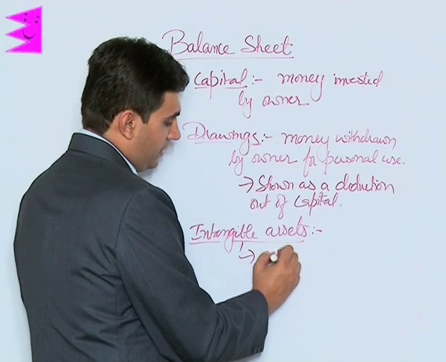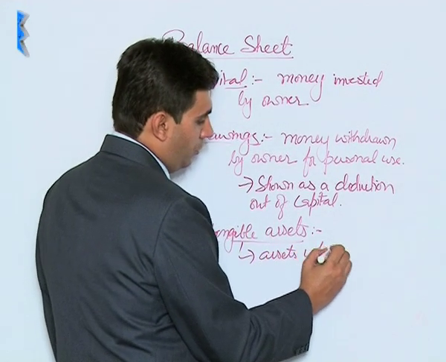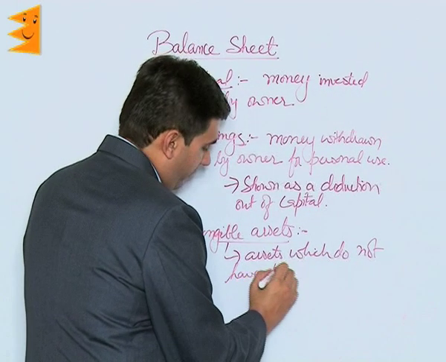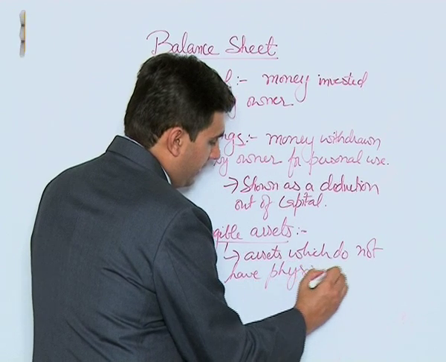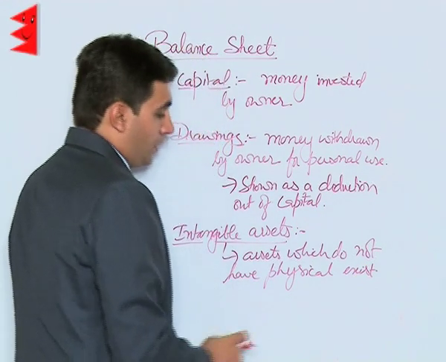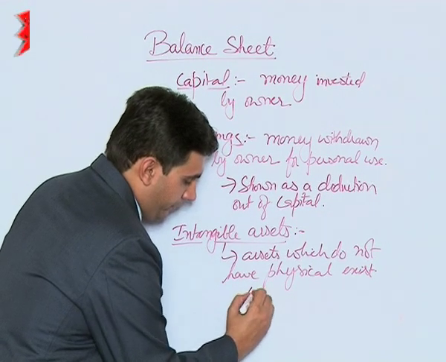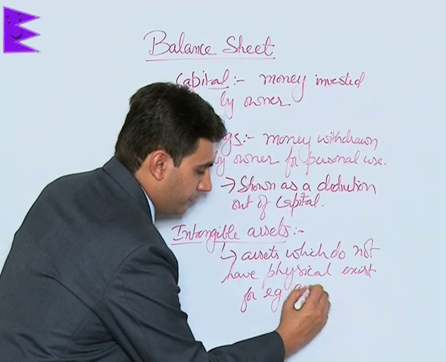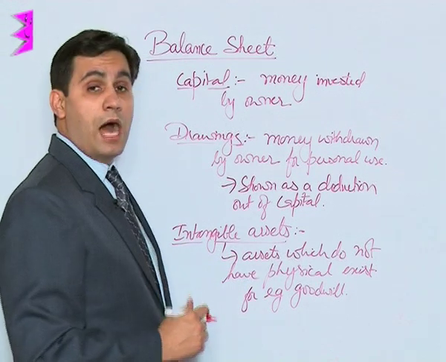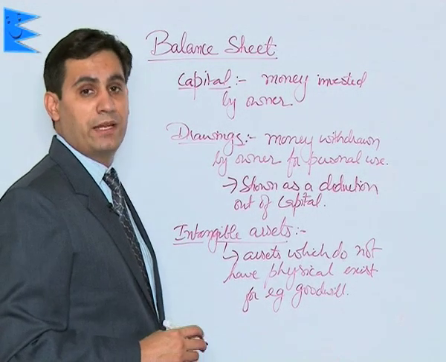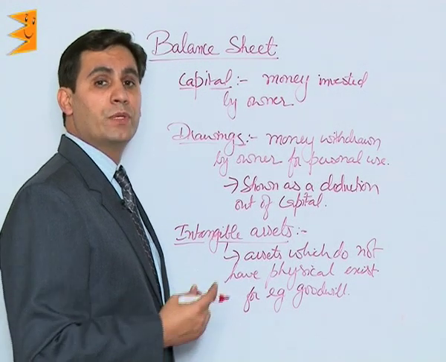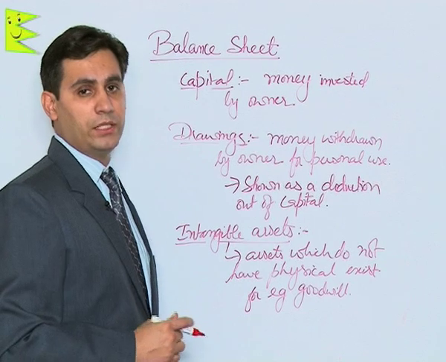So, assets which do not have physical existence, they are, for example, goodwill, patents, copyrights. So such assets are included on the asset side of the balance sheet. Similarly, we can have various other kinds of groups which will appear on the asset and the liability side of the balance sheet.